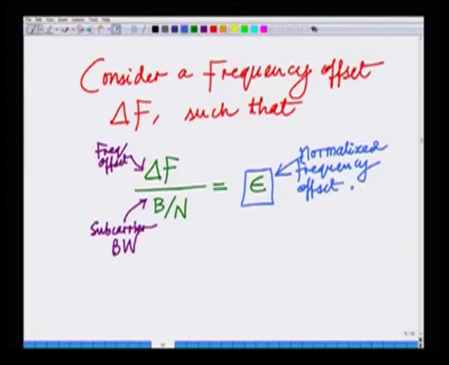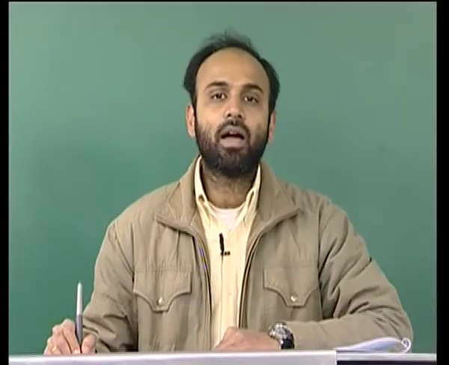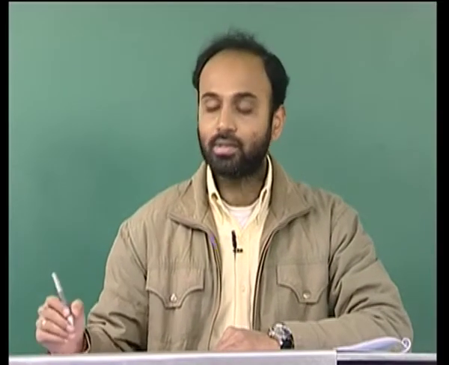This tells us the normalized offset as a function of the subcarrier bandwidth in this OFDM system.